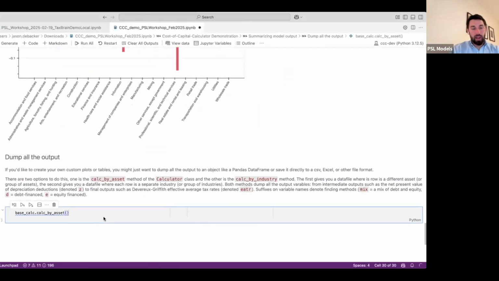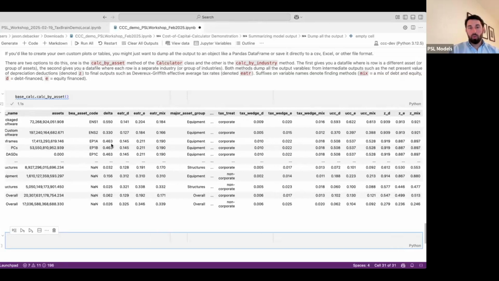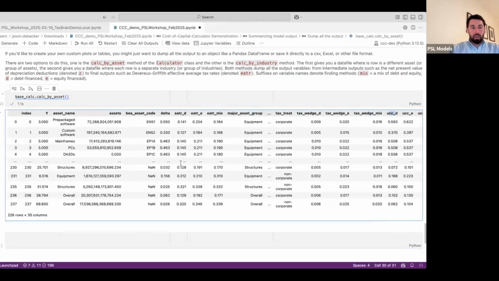But there's definitely the functionality if you want to make your own. So again, there's a handful of custom plots that are very easy to produce with that calculator object, as well as some tables. But we can also just dump the data, and you can see an example of this in table format, where we're going to get all of these measures: effective average tax rates, tax wedges, user cost of capital, etc., dumped into a data frame, or you can save this as a CSV file or Excel file, open it up there and produce your own custom plots.